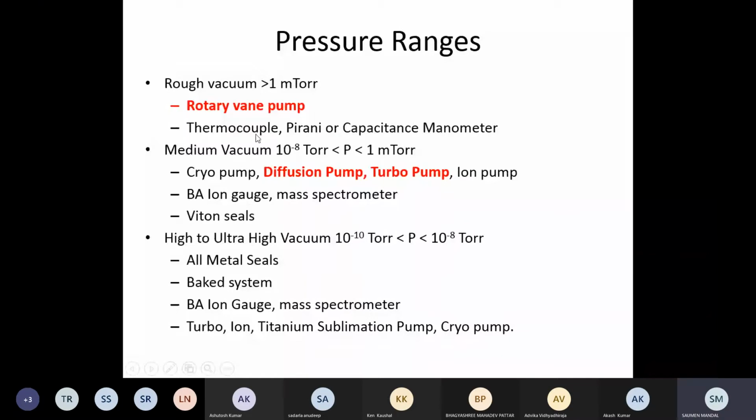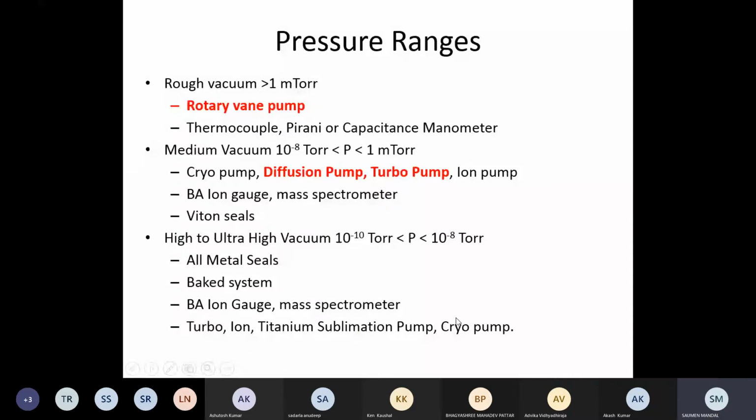But now when the vacuum level is increasing, sealing is important. These are called Viton seals, and they now play a role. In low vacuum we didn't care. But in high to ultra high vacuum, 10 to the minus 10 torr to 10 to the minus 8 torr, all-metal seals are used, then a baked system, and BA ion gauge and mass spectrometer can be used as gauges. The pumps are turbomolecular pump, ion pump, titanium sublimation pump, cryopump.